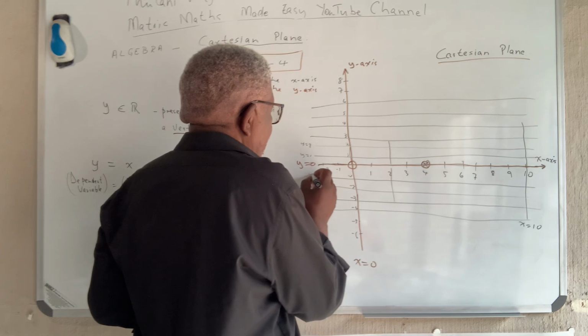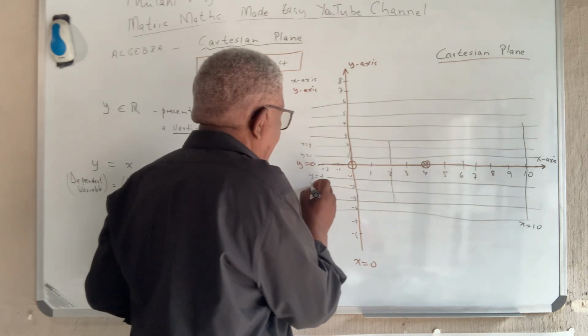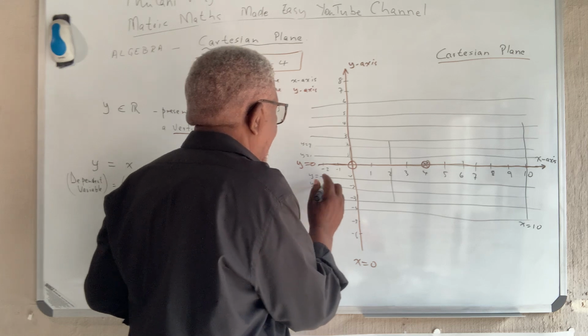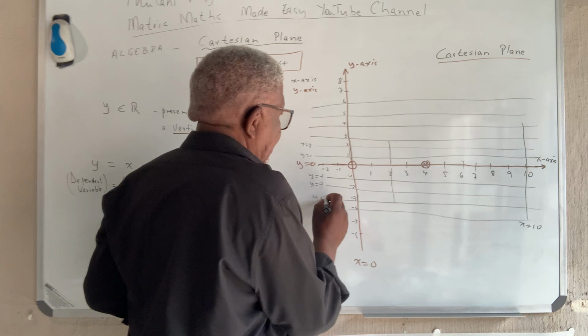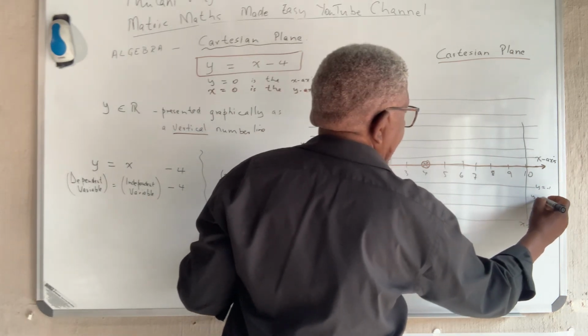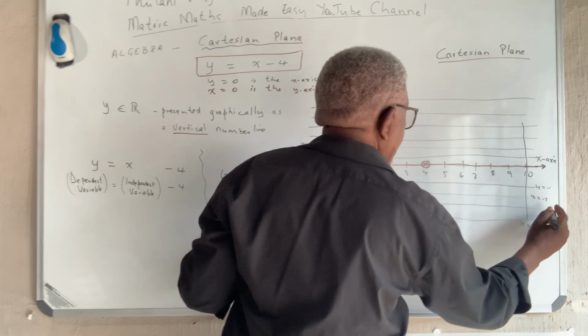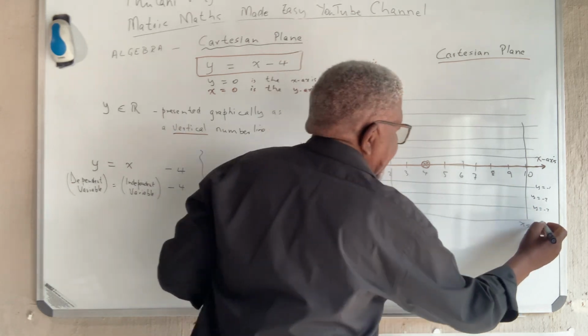So this is y equals negative 1, y equals negative 2, y equals negative 3, the whole line. y equals negative 4.